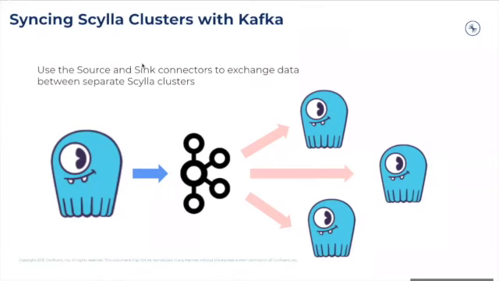Now, obviously, and we've covered this here today, if you know Scylla, it has a remarkable multi-region story. So you wouldn't use this for solving a multi-region connectivity problem. You want to think of this more as a data integration tool. I've got a cluster here, and there are some tables in there that I have things happening in, and I want them to happen in that different cluster over there also. And so you can use Kafka as that kind of integration pipeline.